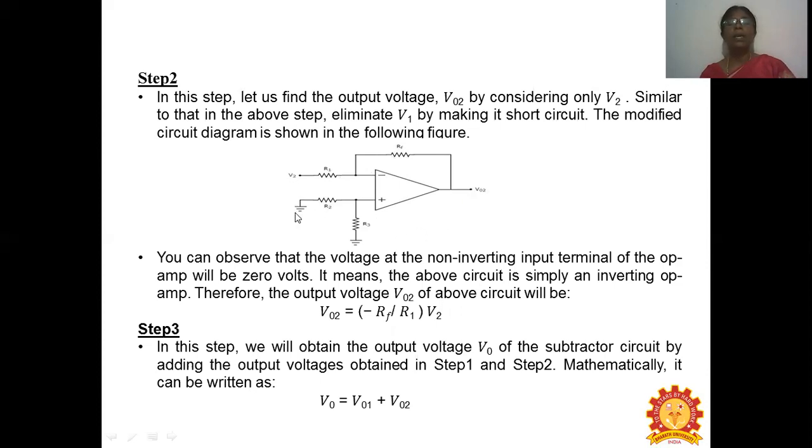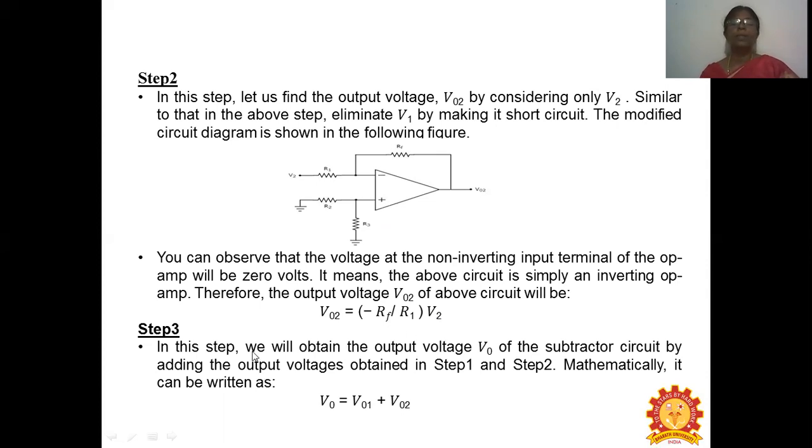By shorting the V1 voltage to ground, we can observe that the voltage at the non-inverting terminal of the op-amp will be equal to 0. It means the circuit is simply an inverting amplifier circuit. Therefore, the output voltage of the circuit will be V02 is equal to minus Rf divided by R1 into V2.